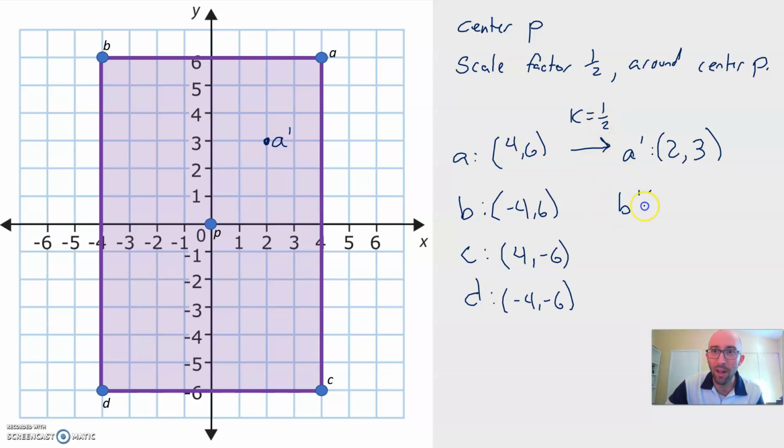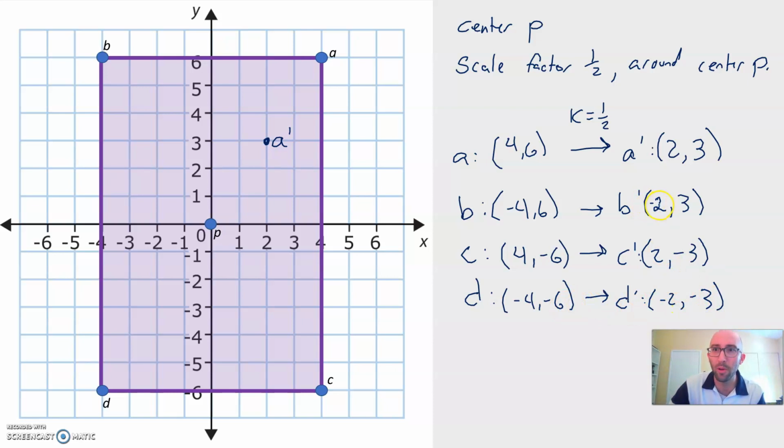So our B prime will be 1/2 of -4, which is -2, and 1/2 of 6, which is 3. C prime, 1/2 of 4 is 2, 1/2 of -6 is -3. And finally, D prime, 1/2 of -4 is -2, 1/2 of -6 is -3.